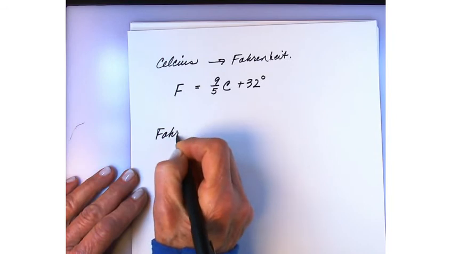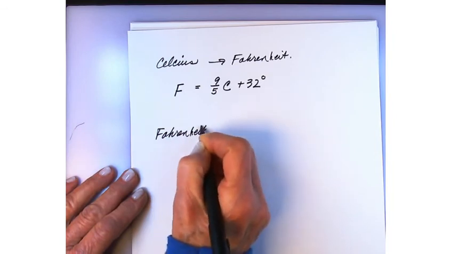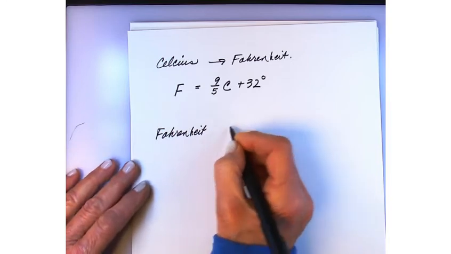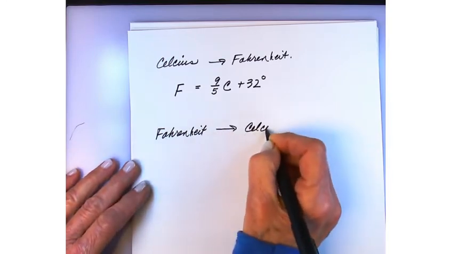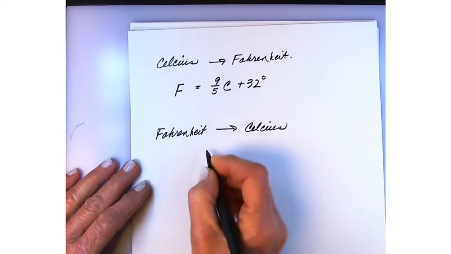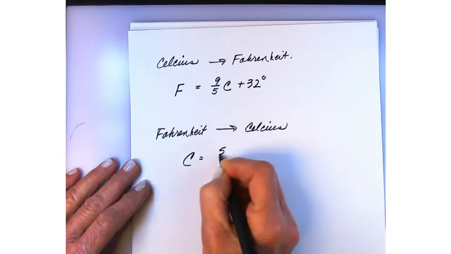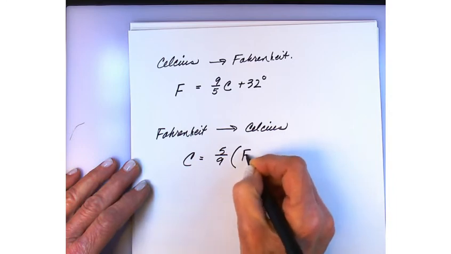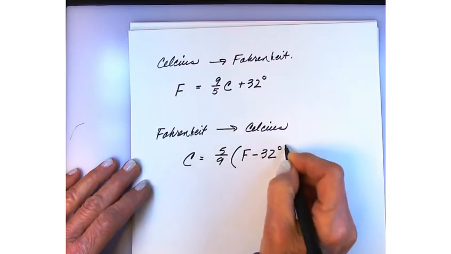Fahrenheit to Celsius: Celsius is 5/9 left paren Fahrenheit minus 32 degrees.